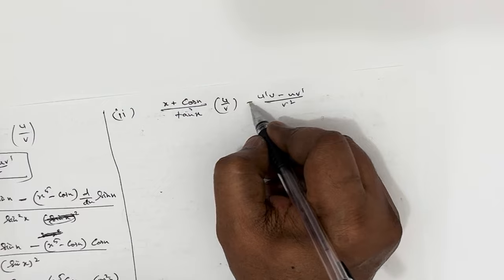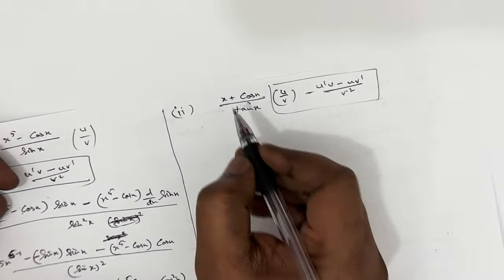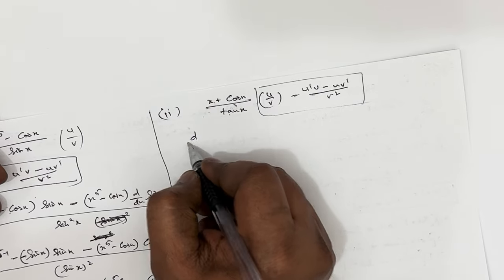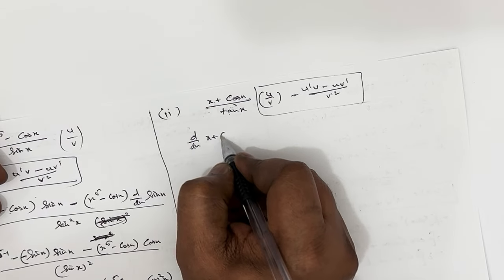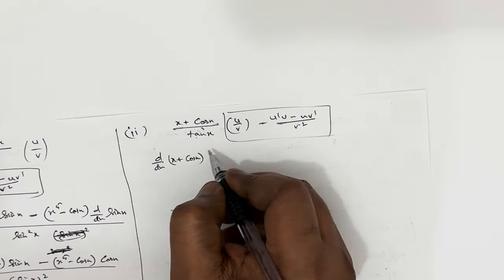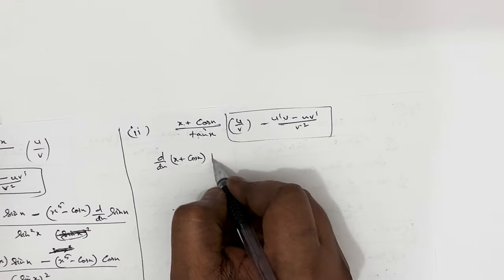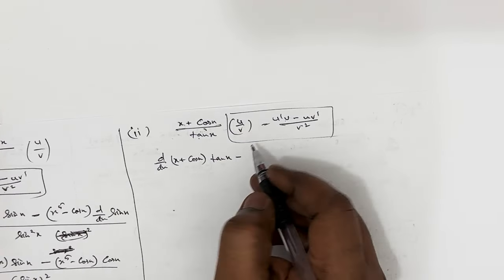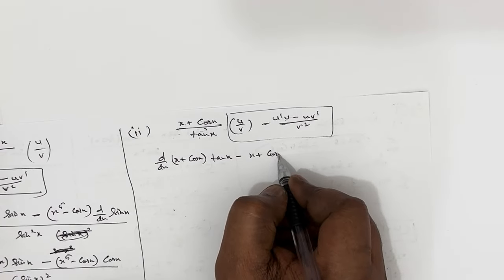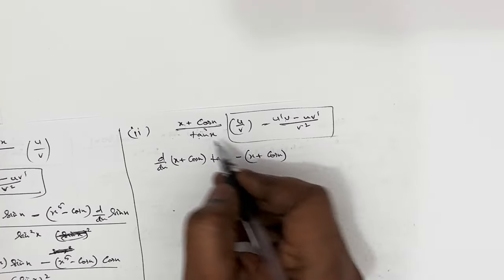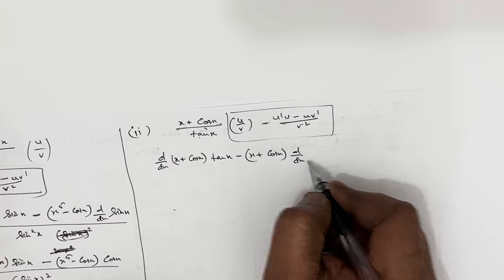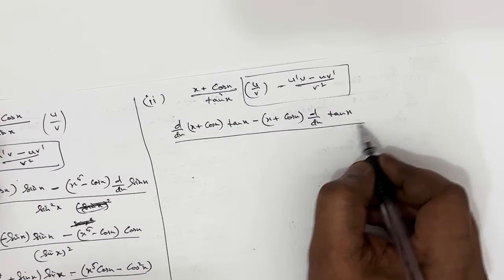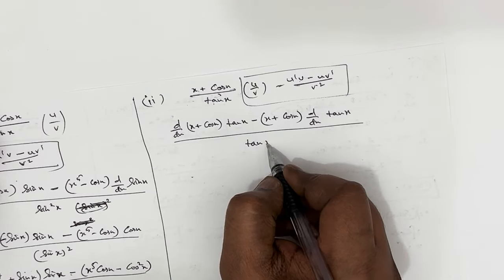So this is u and this is v. So u' is d/dx of (x + cos x), multiplied by v, that is tan x, minus u as it is, so (x + cos x), v', that is d/dx of tan x, upon tan square x or (tan x) whole square.